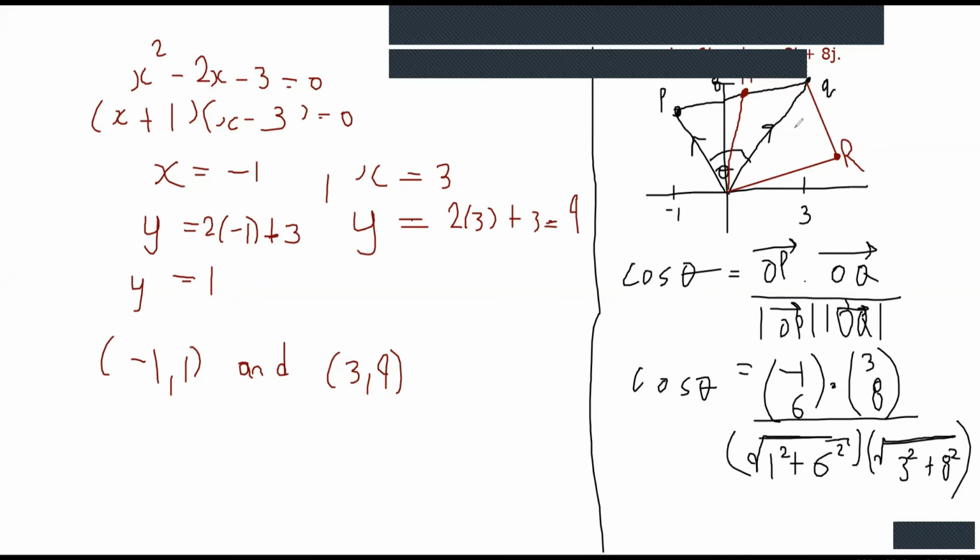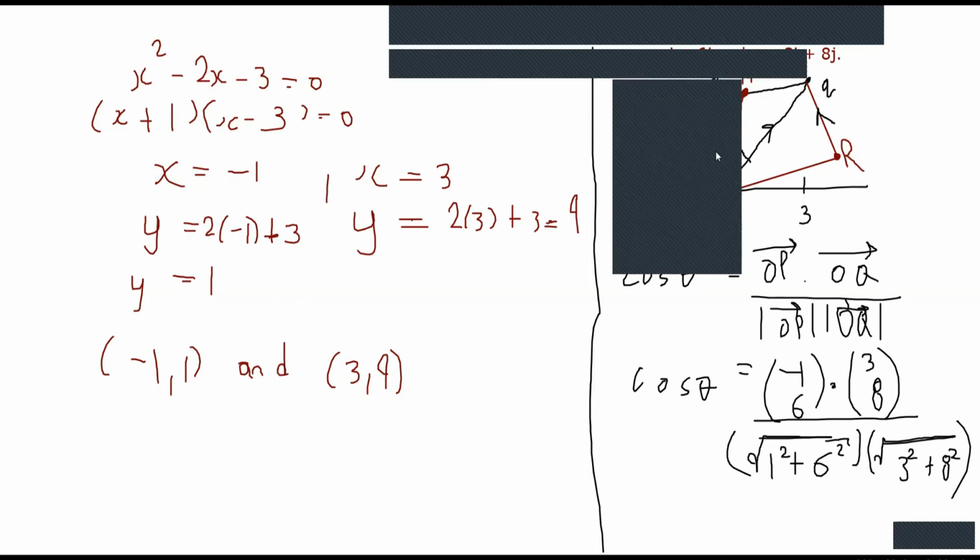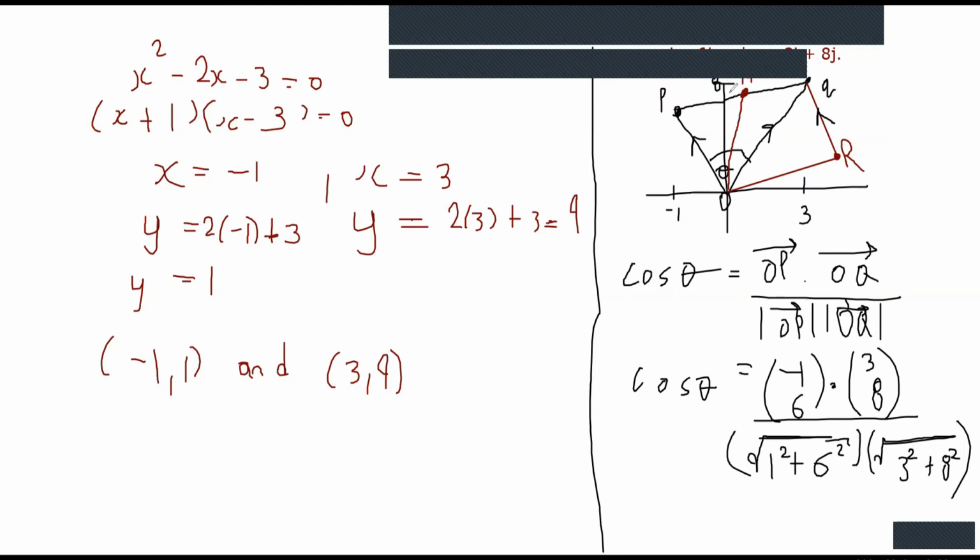Yes, sir. See, we have to know CSEC maths. If it is a parallelogram, then we know OP has to be parallel to RQ. Putting on a different color now, let's go with blue. Then we know PQ is supposed to be parallel to OR. That makes sense?